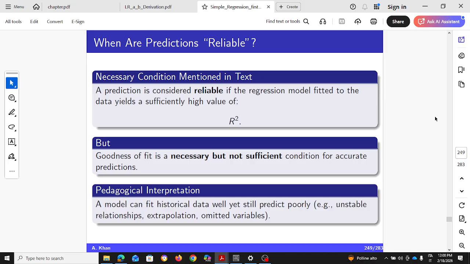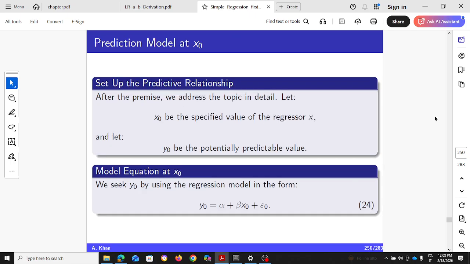If you remember, we calculated r square to know the reliability of our fitted value, but it is necessary but not sufficient. Now, to predict with the new value, let x naught be a specified value of our regressor.